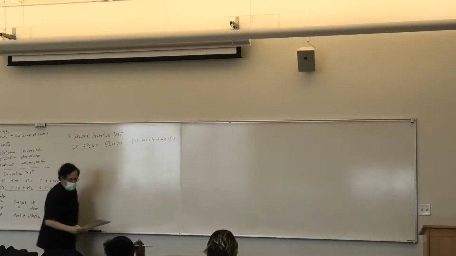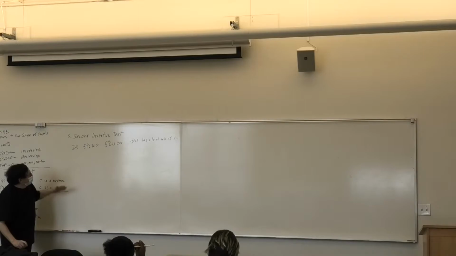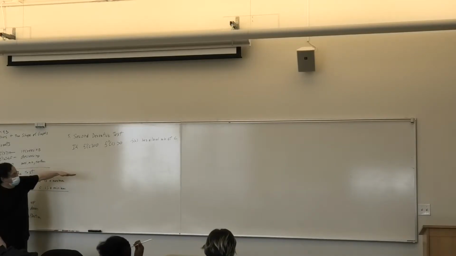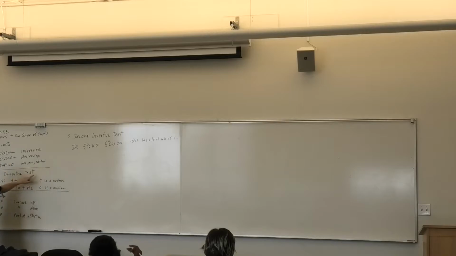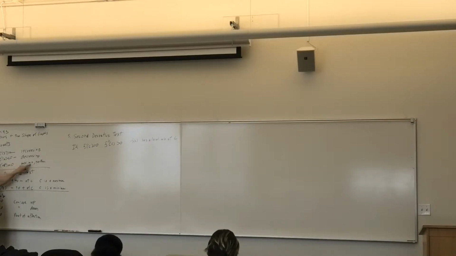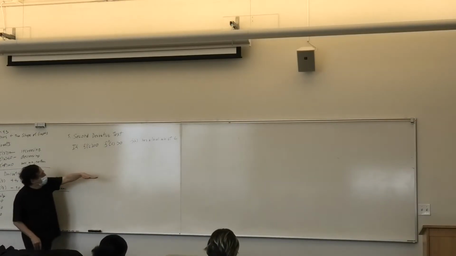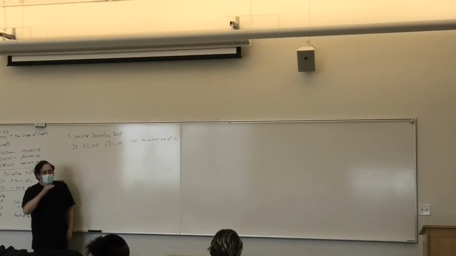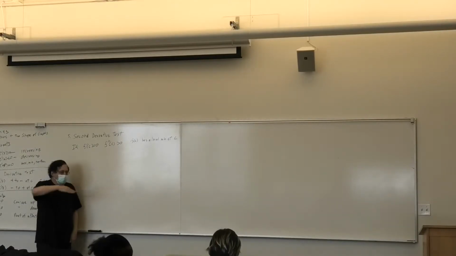Okay, let's think about that. You've got a derivative of 0, right? So it could be a max, could be a min, could be neither. But the second derivative is positive. That means the first derivative was increasing, right?